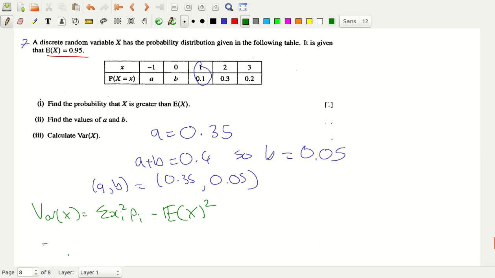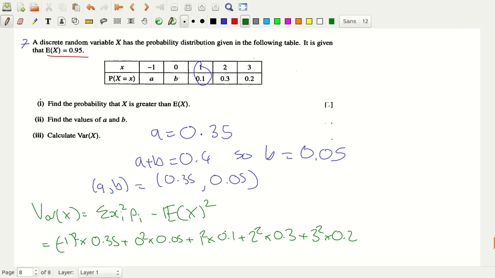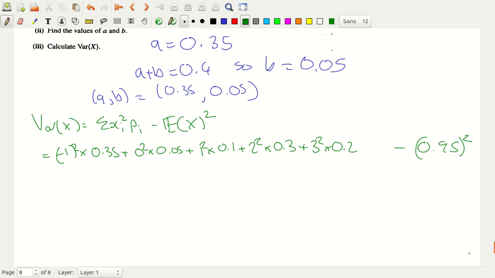That is minus 1 squared times a, and a is 0.35, plus 0 squared times b, which is 0.05, plus 1 squared times its corresponding probability. Notice I'm squaring the values, not the probabilities. 2 squared times 0.3 plus 3 squared times 0.2, minus, we know the expected value, it's given in the question, 0.95 squared.